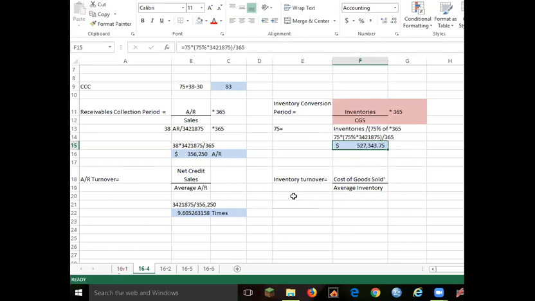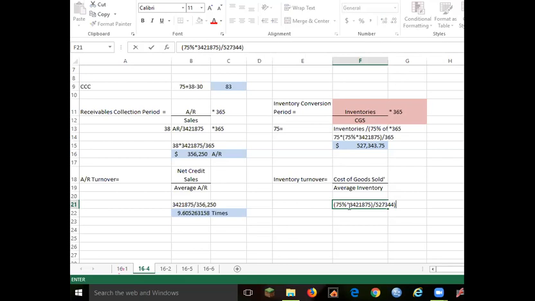The last thing is inventory turnover. So the inventory turnover formula is cost of goods sold. Cost of goods sold is 75% of sales. So sales is 3,421,875. Divide by average inventory. We have just calculated average inventory, 527,344.